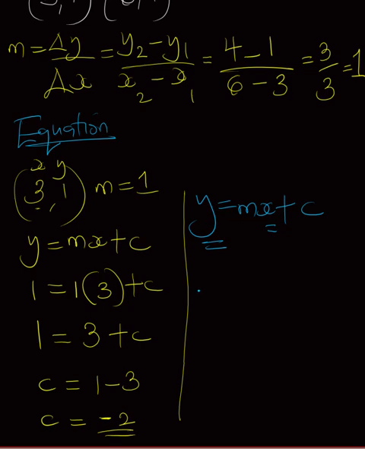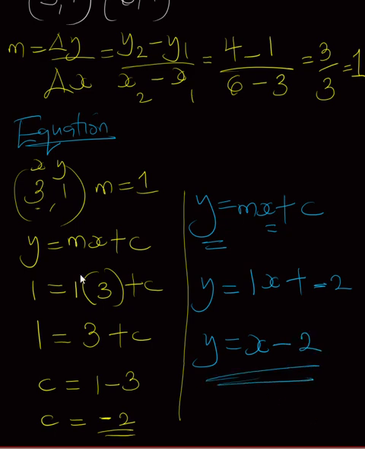So our equation will be y is equal to m. Our m was 1, then x, then plus c. But c is negative 2. So plus negative 2. That means y is equal to 1 times x is just x, then plus minus is minus 2. This will be our equation for the line.